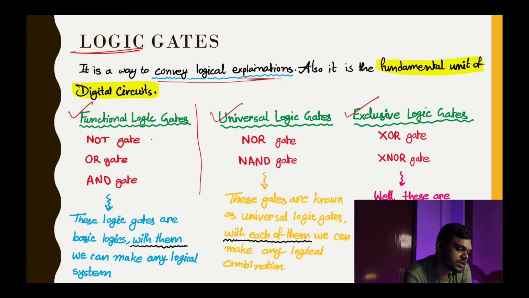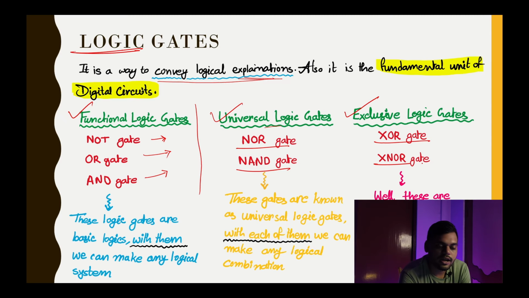In the functional logic gates, we have NOT gate, OR gate, and AND gate. In universal logic gates, we have NOR gate and NAND gate. And exclusive logic gates have XOR gate and XNOR gate.